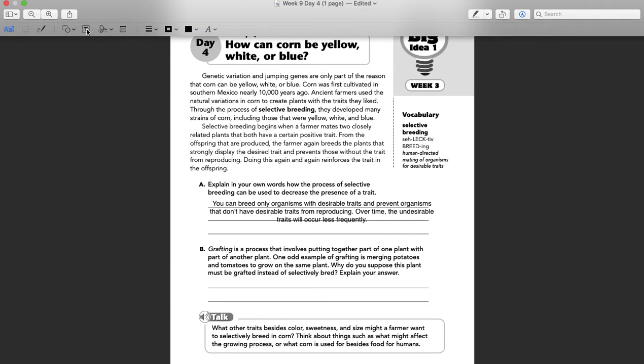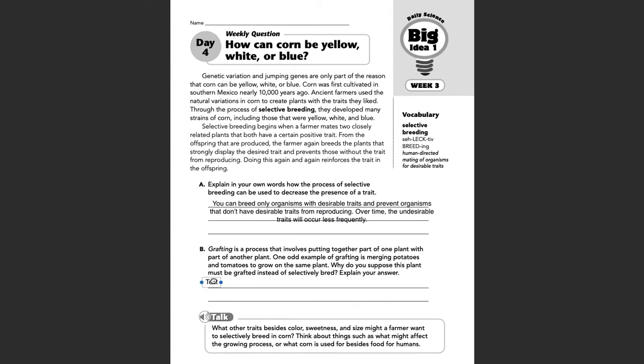Well, one reason is because potatoes and tomatoes are two totally different species.